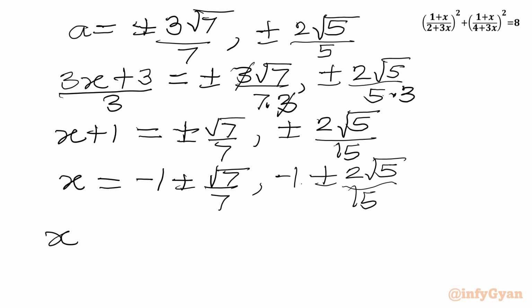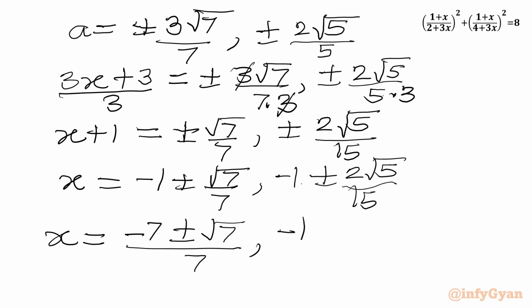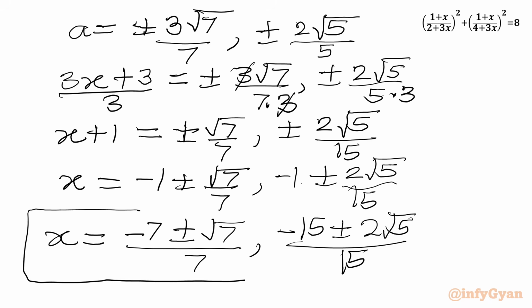So x will be equal to (minus 7 plus minus root 7) over 7, or (minus 15 plus minus 2 root 5) over 15. So in total we have 4 real solutions for our equation.